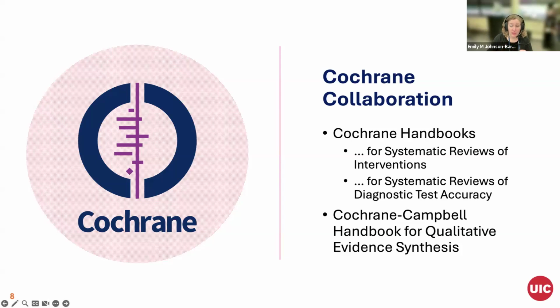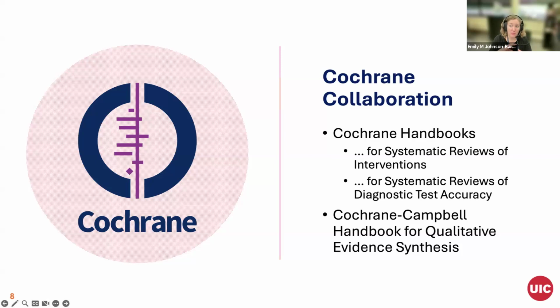One of the most recent handbooks, something that I learned in my exploration of this topic, was they have a new handbook for the Cochrane and Campbell collaboration for qualitative evidence synthesis. We'll talk a little bit more about Campbell in a little bit, but this handbook really aims to provide guidance on the process of preparing and maintaining systematic reviews for qualitative evidence.